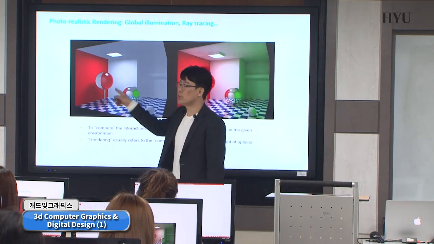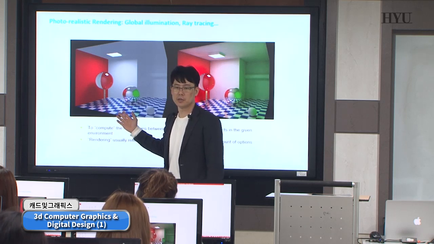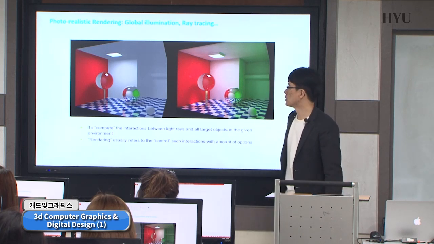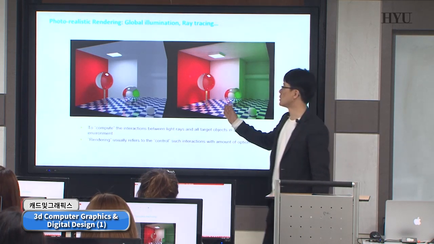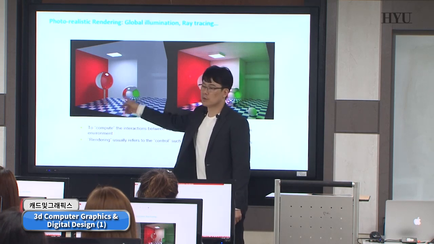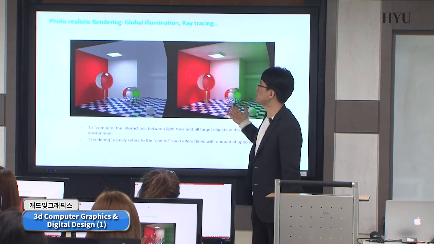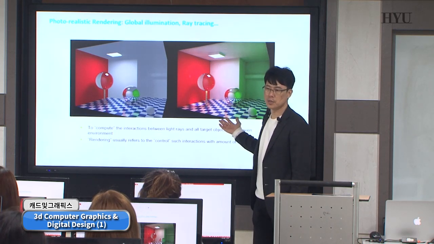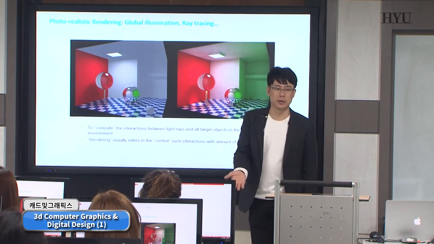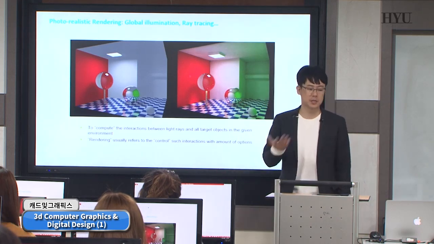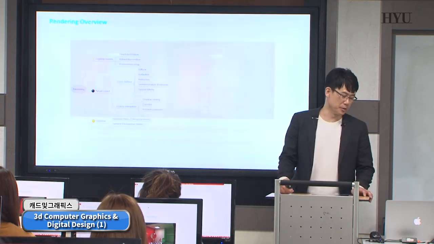This one looks realistic, but actually is not real. This is totally computer generated. That's the difference between these two renderings. Simply said, if you use V-ray, you can make this kind of ray trace based global illumination.